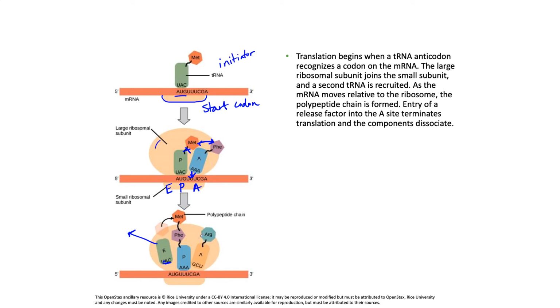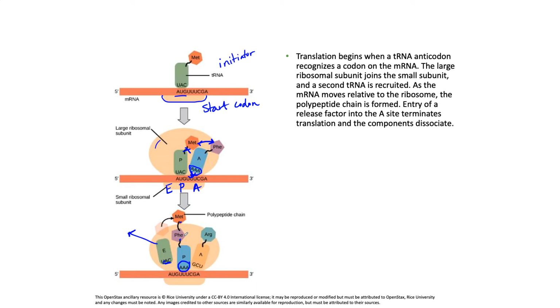Now what you see is, this tRNA, you see the codon AAA right here, has shifted to the P site, and now you see it has 2 amino acids. Now the same thing will happen.